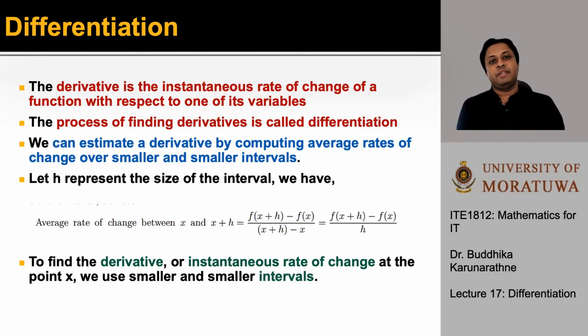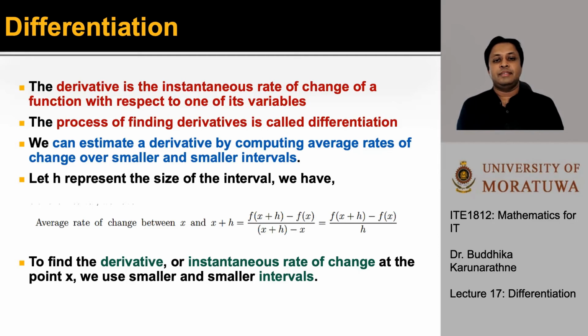We can estimate a derivative by computing average rates of change over smaller and smaller intervals. So we are going in for very, very small intervals. Let's start by having a mathematical equation. Let h represent the size of the interval. Then we have the average rate of change between x and x plus h. We can define the difference between x and x plus h when applied to the function.